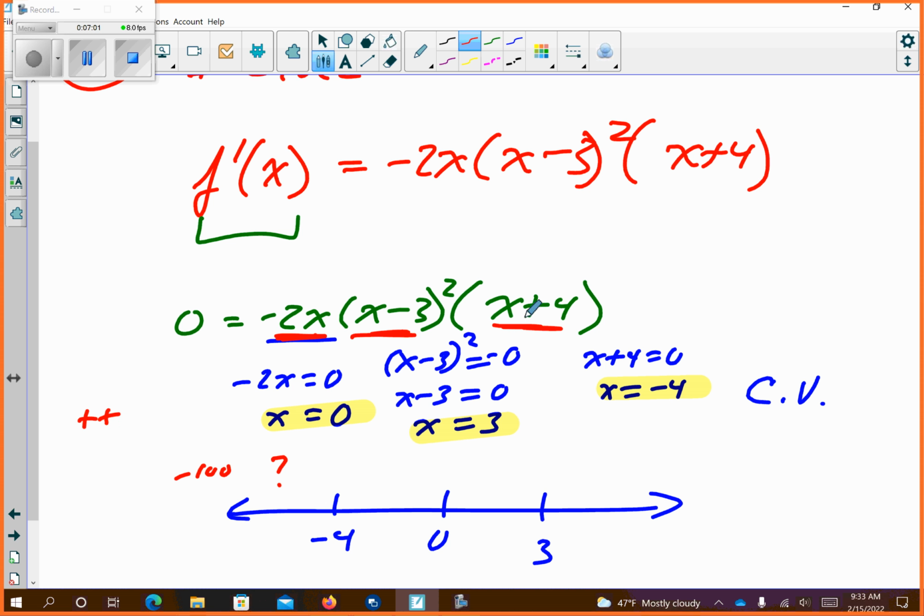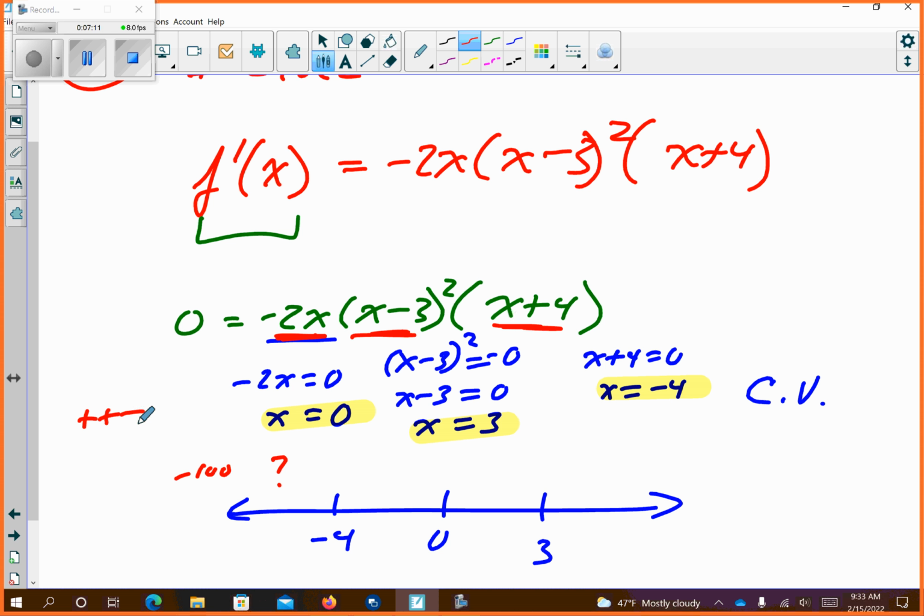And then if I take -100 and plug it in here, I get -96, a negative number. So if I multiply a positive and a negative together, I get a negative. So I have a negative here. Is that okay? So notice I'm not really worried about the values all too much.